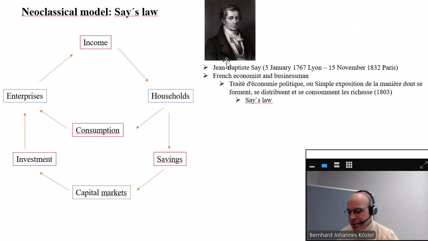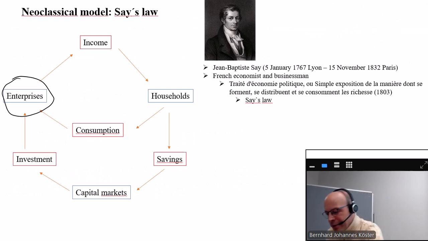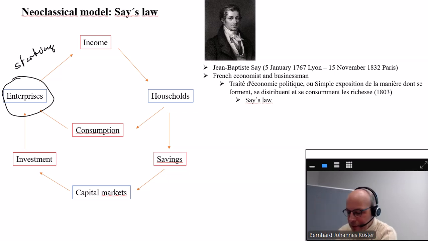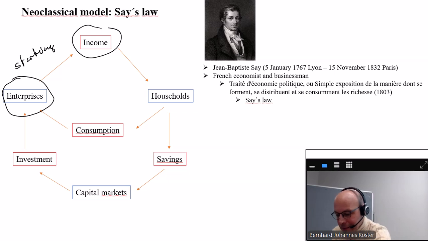Or let's put it like this. This would be the production side, the starting point. This generates the income. Then we have this income for the household, and there is our consumption-saving decision.